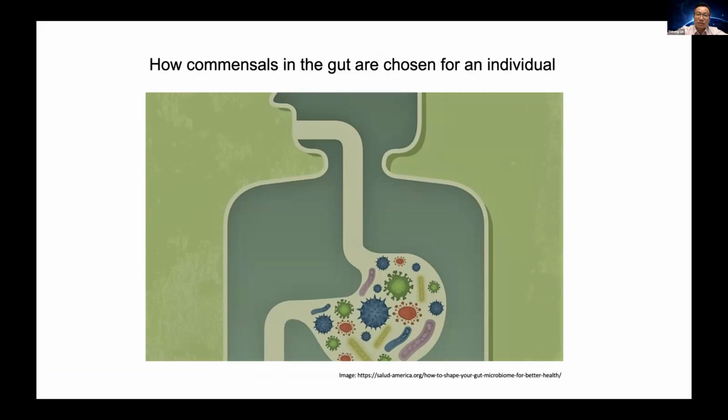The microbe is really specific for the host, and I think there should be a selection mechanism by which the host can select a specific microbe. My background is in immunology, so I think about whether the microbes are selected by innate immunity, adaptive immunity, or something else.